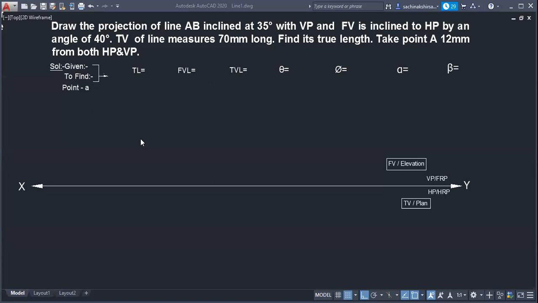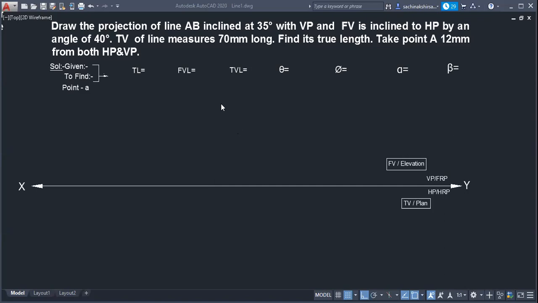Which is this angle 35 degree? Alpha. Why do you feel it is alpha? Alpha means what? 40 degree alpha. Then 35 is what? Phi. What is phi?